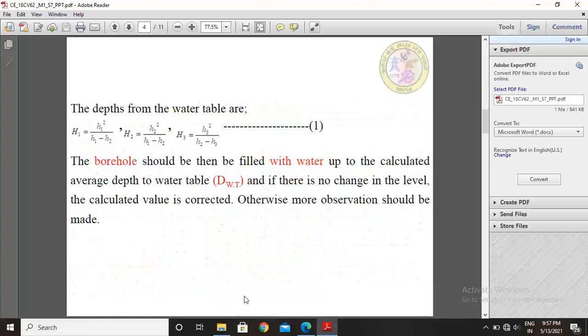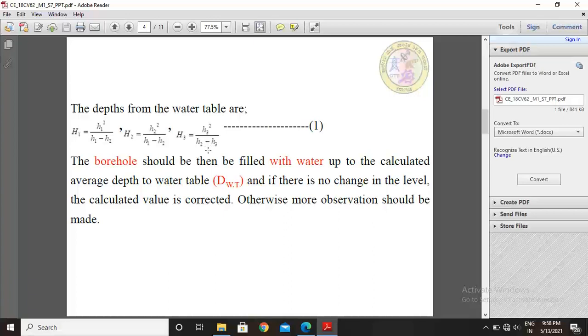So the following equations give the depth of the water table: H1 equals h1 squared by h1 minus h2, H2 equals h2 squared by h1 minus h2, H3 equals h3 squared by h2 minus h3.